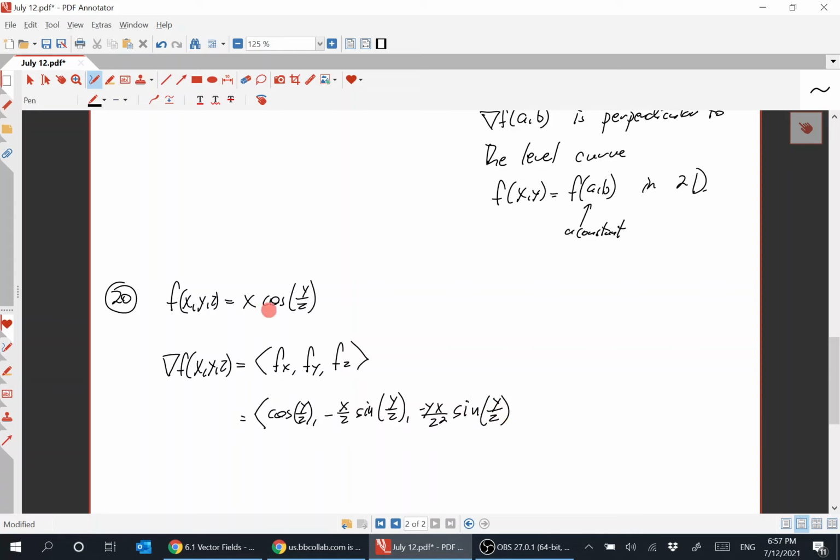Right, the x is constant. The derivative of the cosine is minus sine times the derivative of the inner function, yz to the negative 1 is minus yz to the negative 2. Right, so this gradient field looks like this. Okay, that's 20.